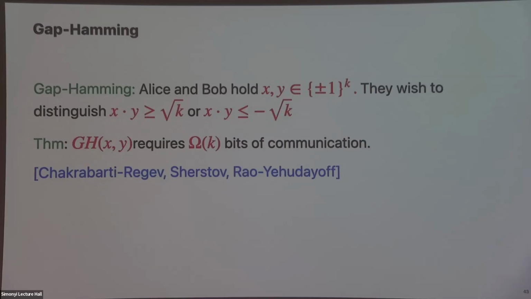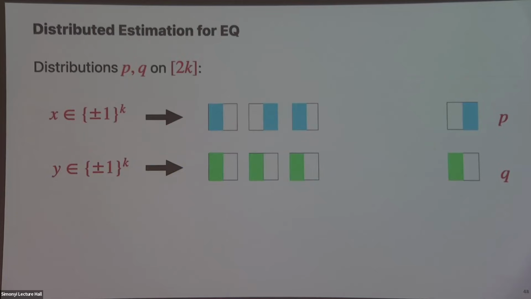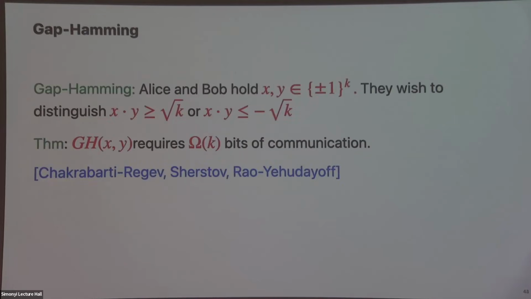You'll get something like k squared over t squared. Okay. But in many cases, you'll see this coming up. The reason I chose this statement is this is the strongest thing. Even with a promise of such a large gap, you're not able to do better than omega k, which is pretty trivial. Yeah, maybe the obvious statement is what you expect the magnitude of x dot y to be is root k.